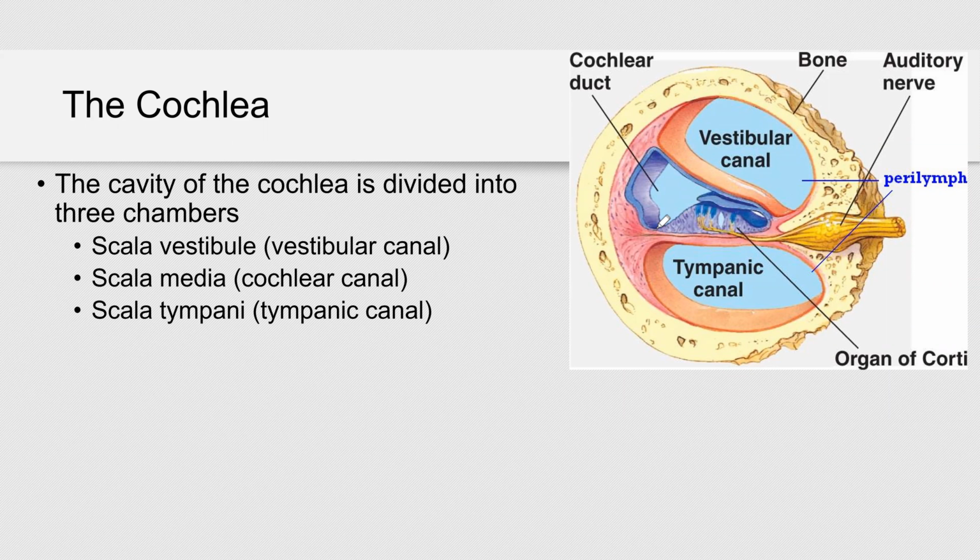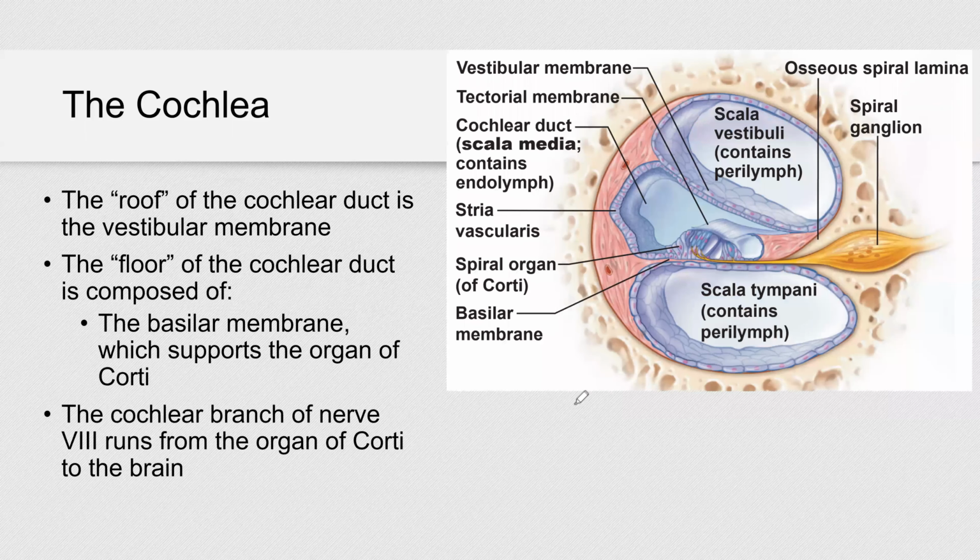We have 3 cavities of the cochlea, divided into 3 chambers: scala vestibuli, scala media, and scala tympani, or vestibular canal, cochlear duct or cochlear canal, and tympanic canal. Even though it's a bony part here, it will be covered by membrane, right?